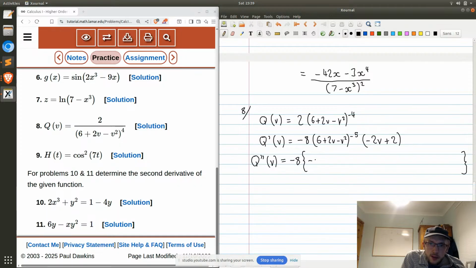So differentiate the first one, leave the second one alone. So if I'm going to leave the second one alone, I'm going to put it right there at the front so I don't forget about it. Minus 2v plus 2, of course, that comes out, and so that is there is square. Okay, that does the first one.